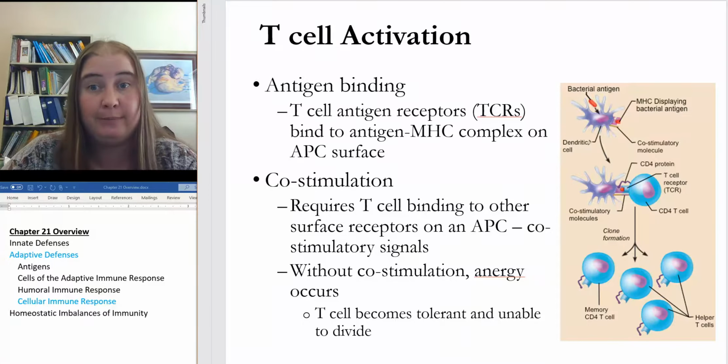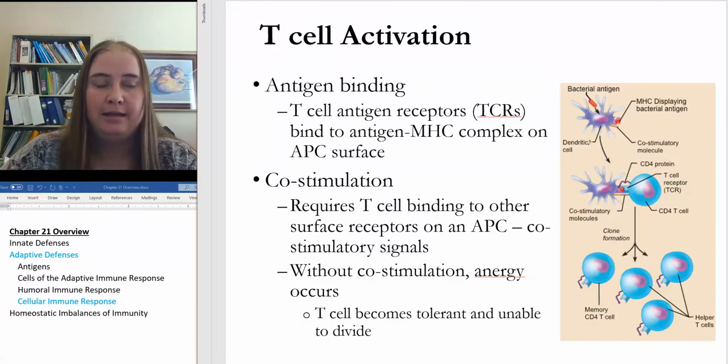Now again, remember, it has to be an MHC molecule because that MHC molecule tells us that we are self. Now, what happens? Our T cell, our CD4 cell, comes along, and it binds to that antigen and it co-stimulates.